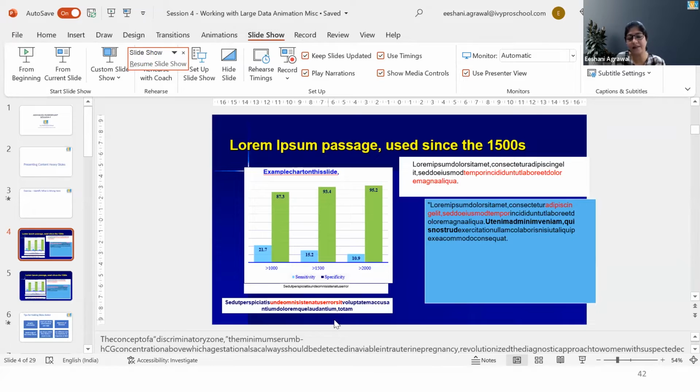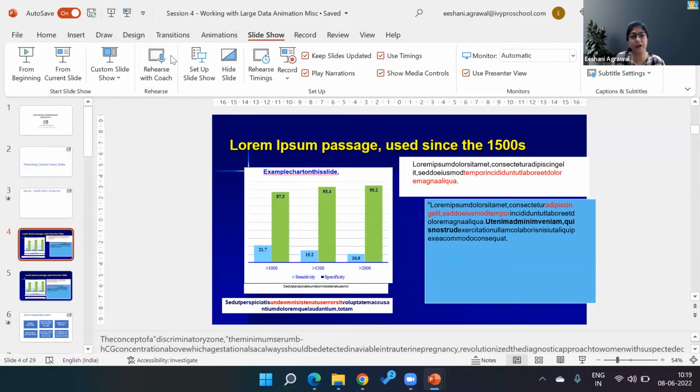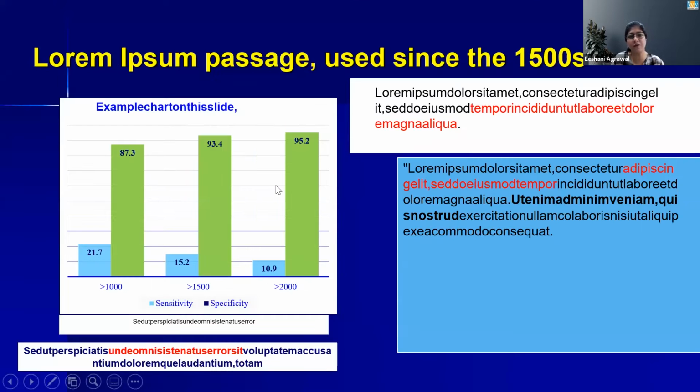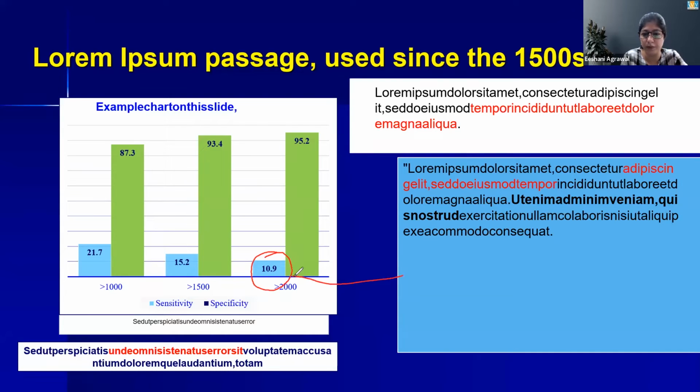Now, why I said this is a problem, or why I said I don't like this particular slide deck, is because of the colors. And why? Because if you look at it, this blue, which is of the bar, is matching up with this blue. Now, how the human brain works, whenever it sees two things which are similar, it tries to connect.